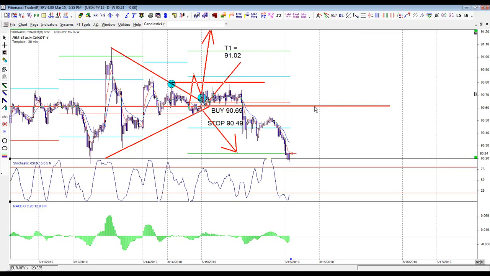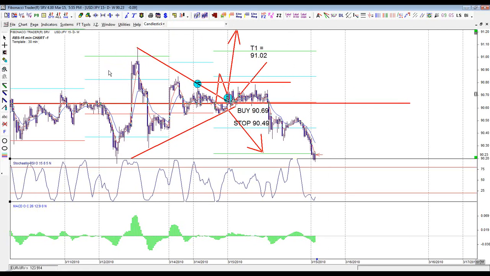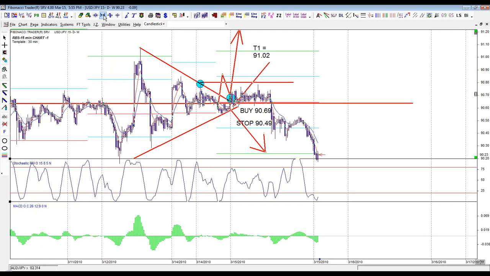Even in a few days, this line can act as support, the middle of this pennant. You should try this. So the middle of the pennant is a good support or resistance area. And once we have the numbers, if those numbers are good, we enter bullish, place the stop below the middle line. If the numbers are bad, the price moves bearish, we enter short, we place the stop above the middle line.